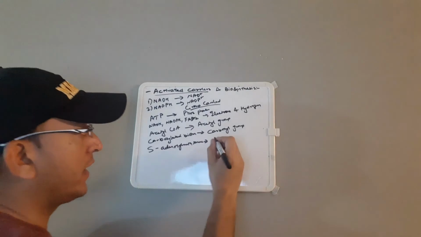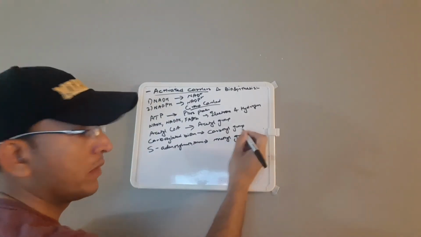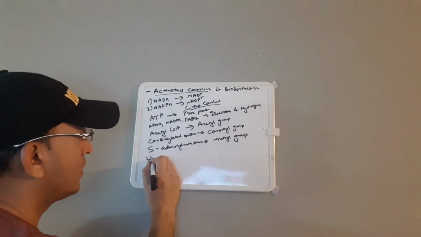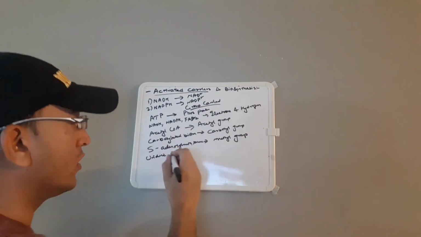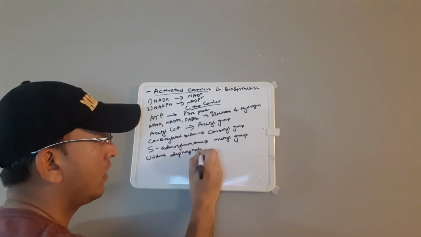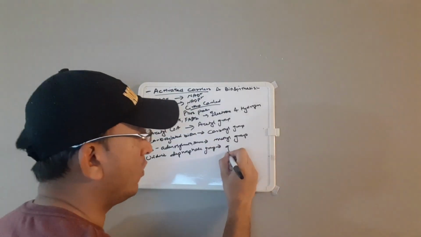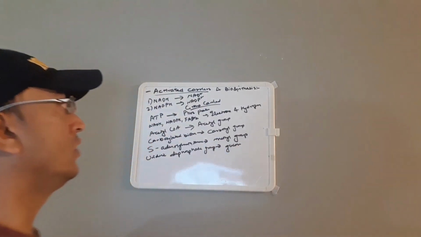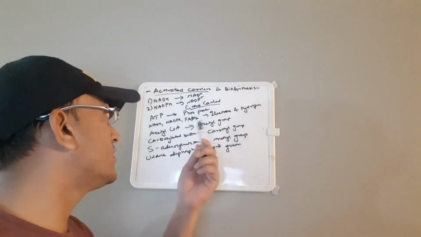This is a long name, and it carries the methyl group. And there is one more, uridine diphosphate, that carries glucose. So these are the activated carriers, and these are the groups carried in high energy linkage form.